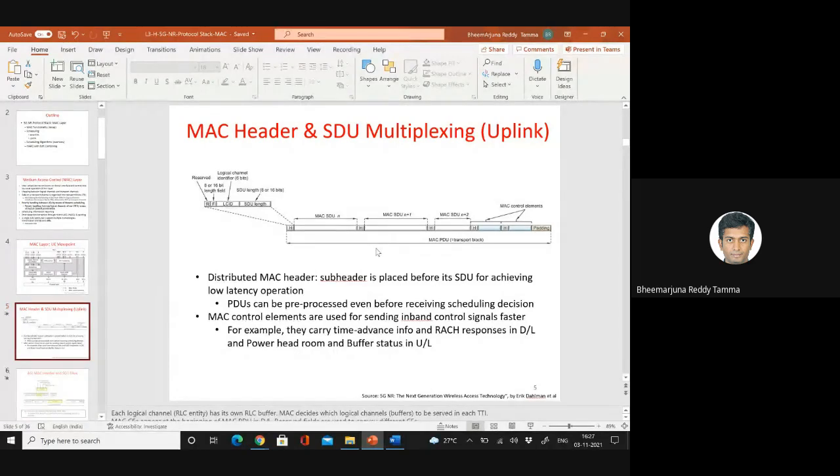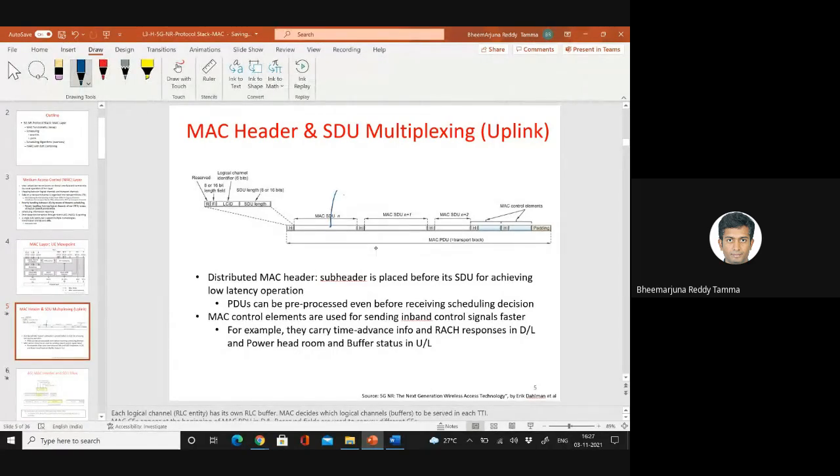So this could be from one logical channel, this could be from another logical channel, from another logical channel. And these are the ones related to the control information. All of them are kept together to create one jumbo MAC packet, which we are calling the transport block.